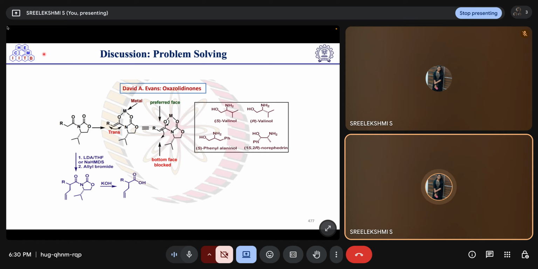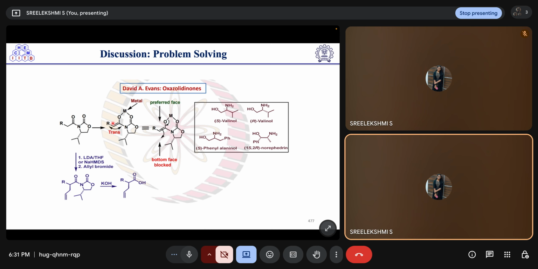Now, if we see the use of oxazolidinones for controlling the selectivity of this aldol reaction, here we can see this is the oxazolidinone attached ketone. So here, as we see, when we use this metal, it will coordinate with both this ketone as well as this oxygen.